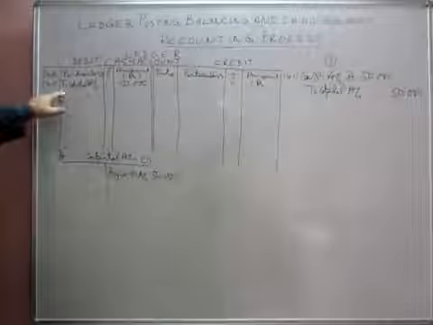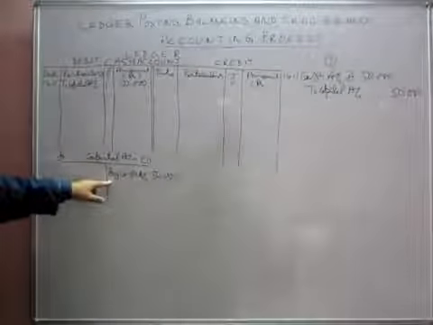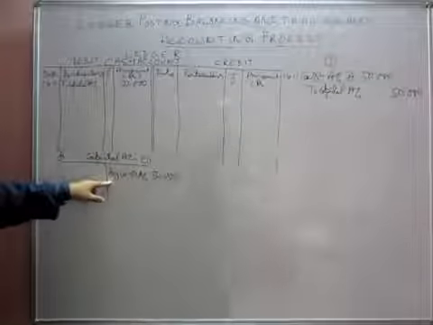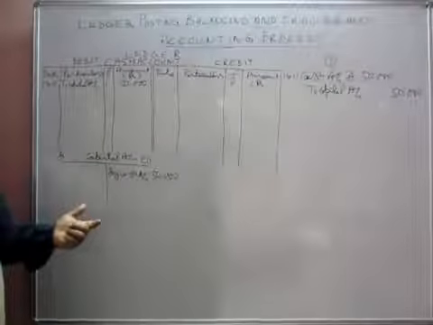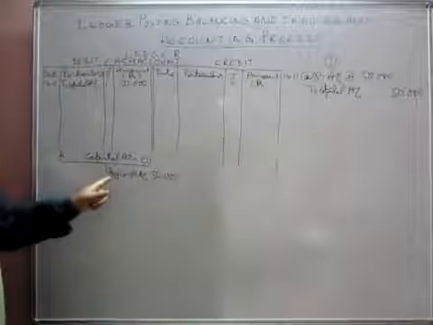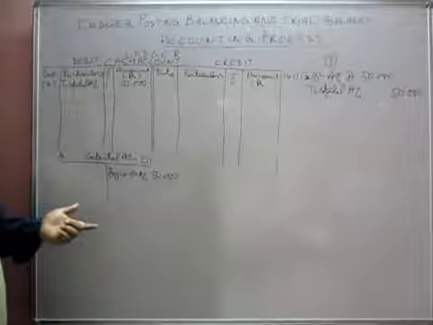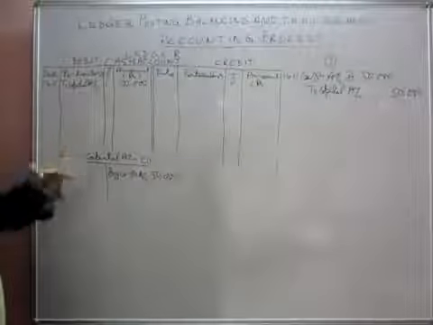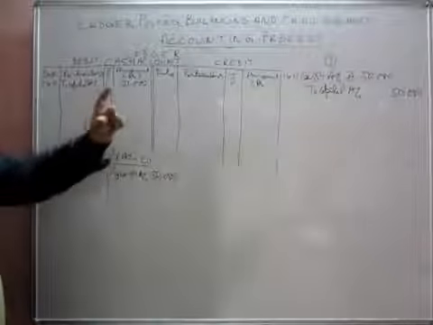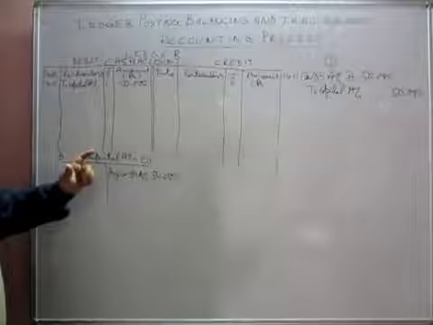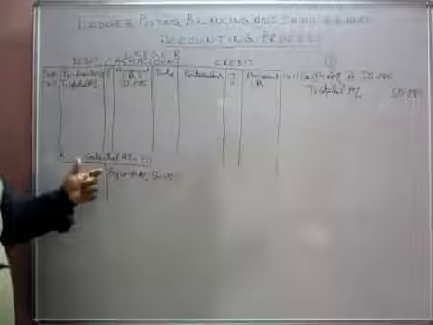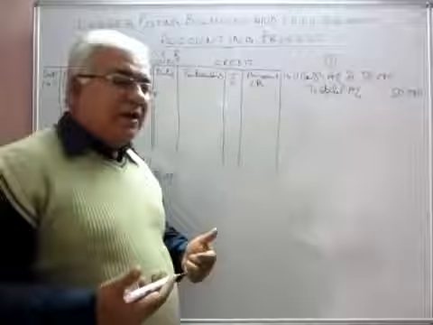And these to and by, they don't have any significance as such, but we have been doing it, and nowadays people don't do it also, and if you don't write by and to here, it won't affect you. You can keep it or leave it, no problems. So this is the way entries are posted. Now let us take the other journal entries.